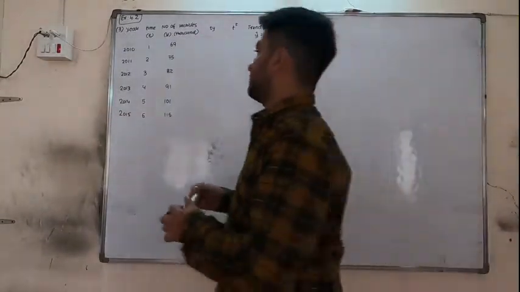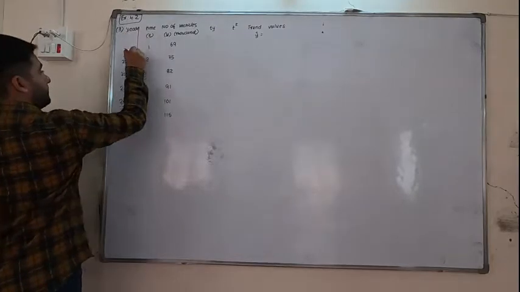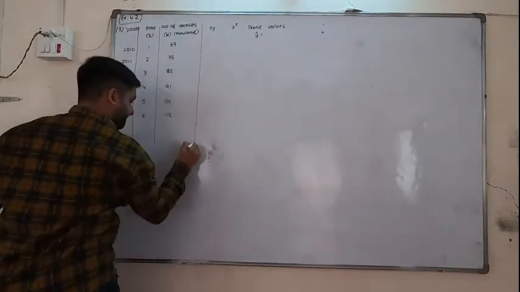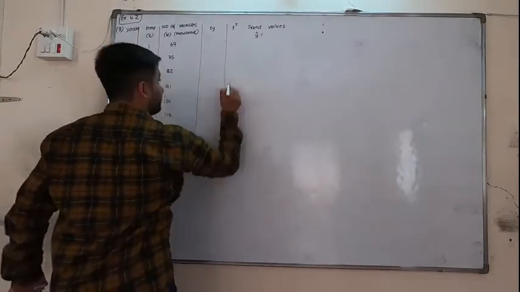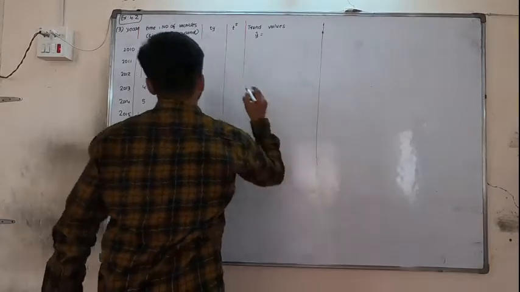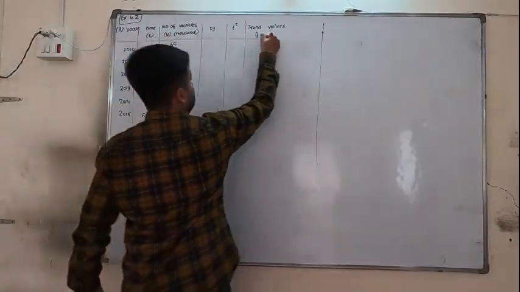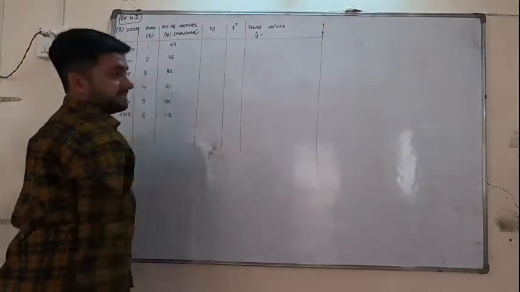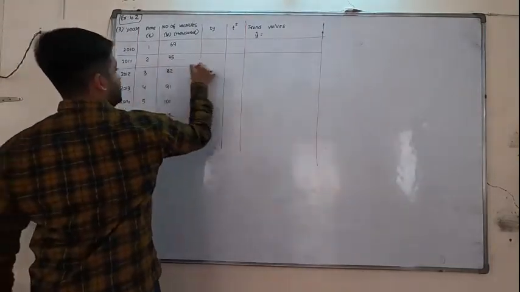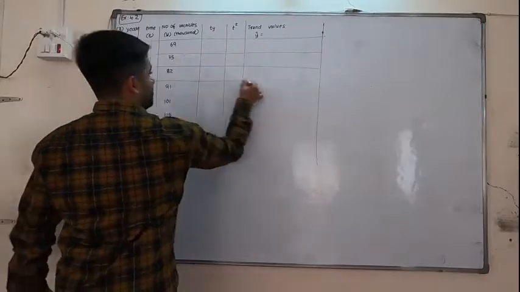We draw the lines. As I said, here more space has to be kept. These are our rows and columns.